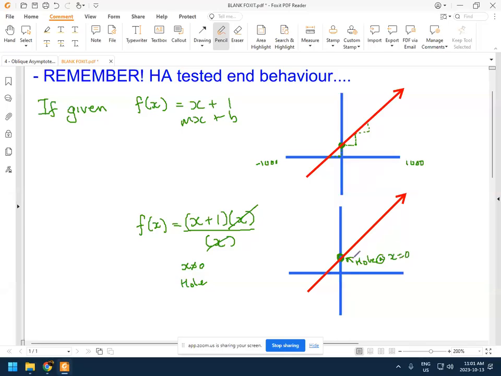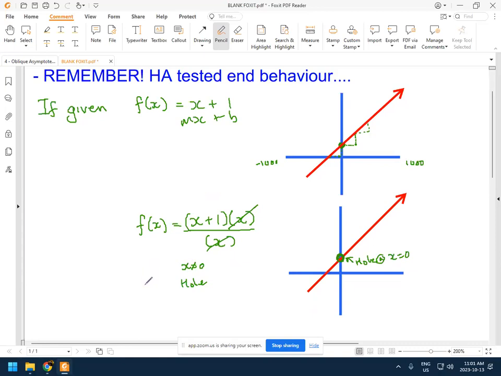So when x equals 0, I have a hole. It's the exact same arrow, but that is now a hole at x equals 0. So far, so good?